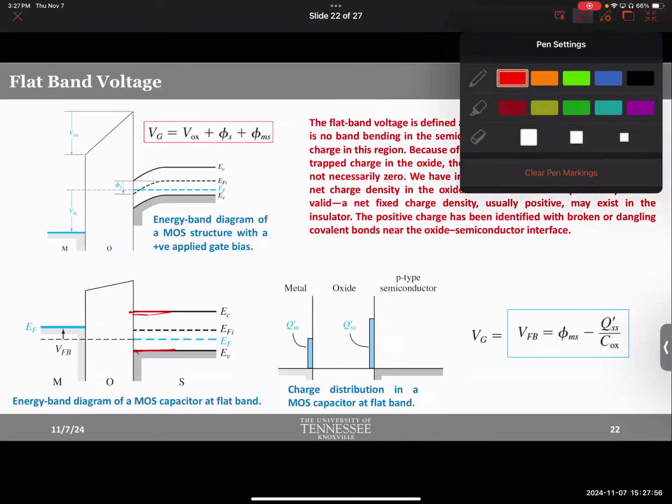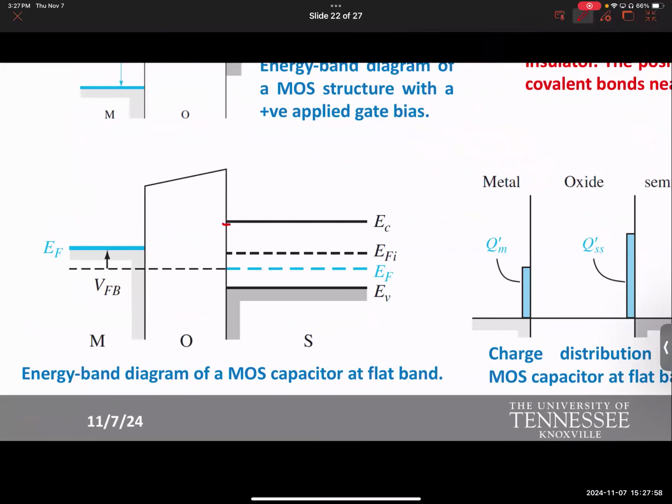Now, one more thing to notice, even at flat band voltage, the oxide, this is deliberate, is not flat. I mean, oxide could also be a little bit bent. So that represents there could be residual charges. Whenever there is a bending in any direction, in any layer, whether it's in oxide or semiconductor or wherever, you will understand that there are some charges, positive or negative, depending on the direction of the bending.